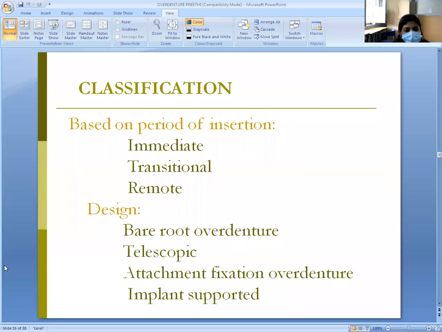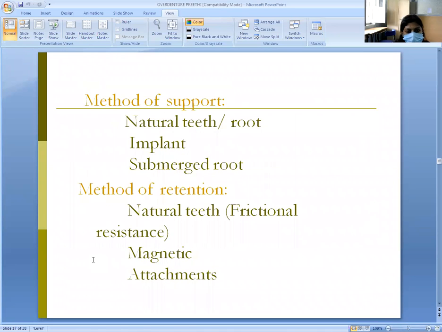Classification of overdenture is again based on the period of insertion, as we have seen: immediate, transitional, remote. And design: bare root overdenture, telescopic, attachment, fixed overdenture, implant-supported overdenture. Method of support: natural teeth supported, that is teeth or root supported, implant supported, and submerged root supported.